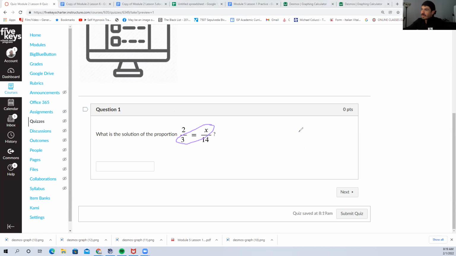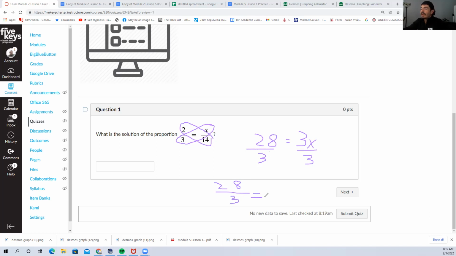So 3 times x is 3x. 2 times 14, the answer to that is 28. Now I don't have to look at a fraction, which is nice. I'm going to divide both sides by 3. And I'm left with 28/3 equals x.